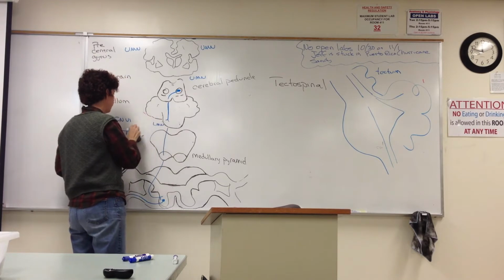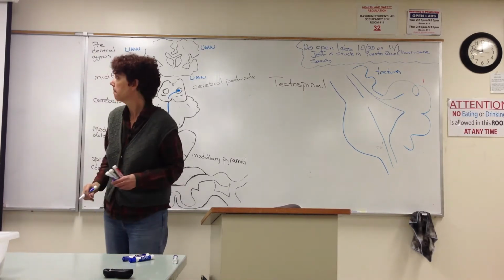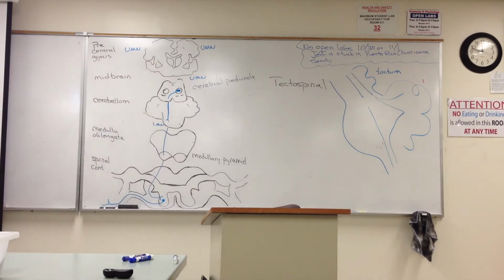This is involved with unconscious control of posture. So it's going to cross over in the brainstem and then end up in the anterior gray horn for lower motor neurons. Okay?